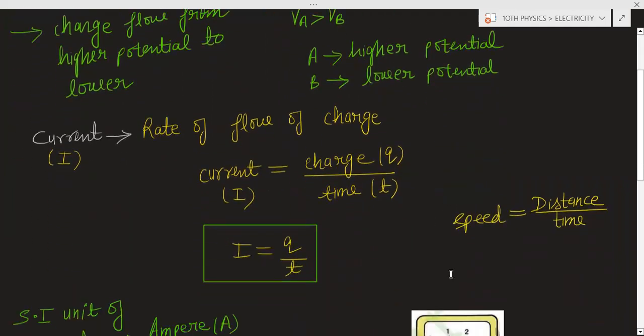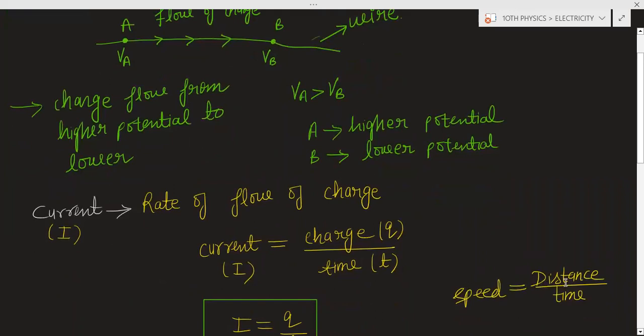Like speed is equal to distance upon time. What is speed? Speed is the rate of covering the distance, how fast you are covering the distance. Like that, current is how fast the charge is flowing.